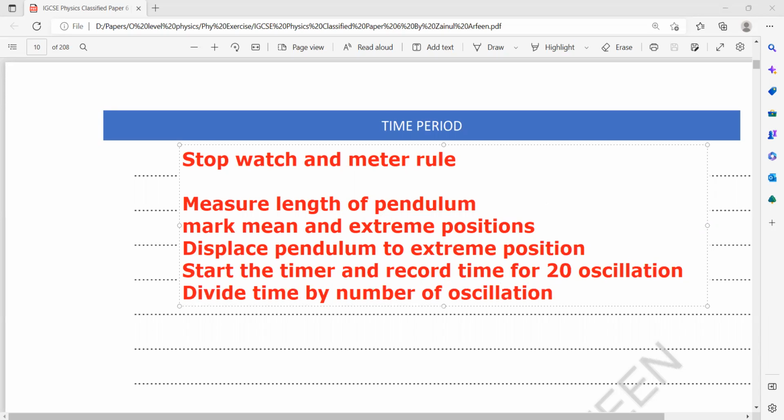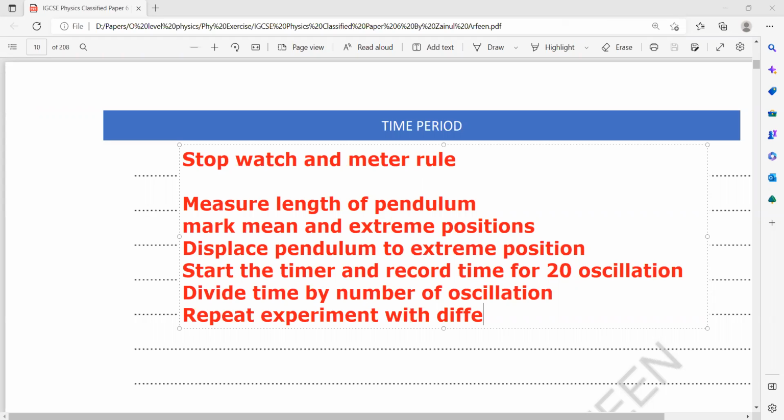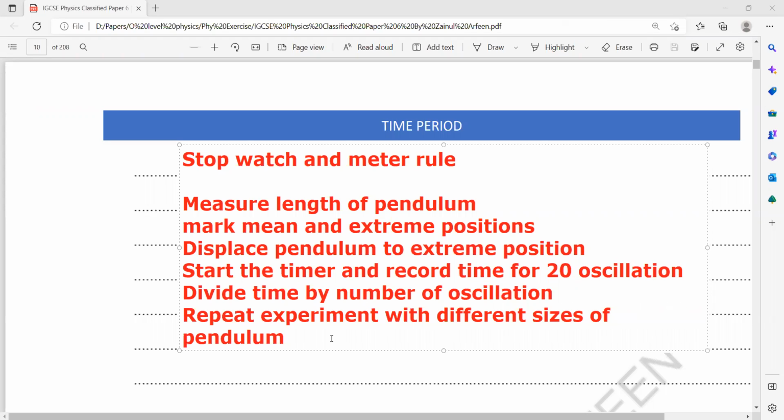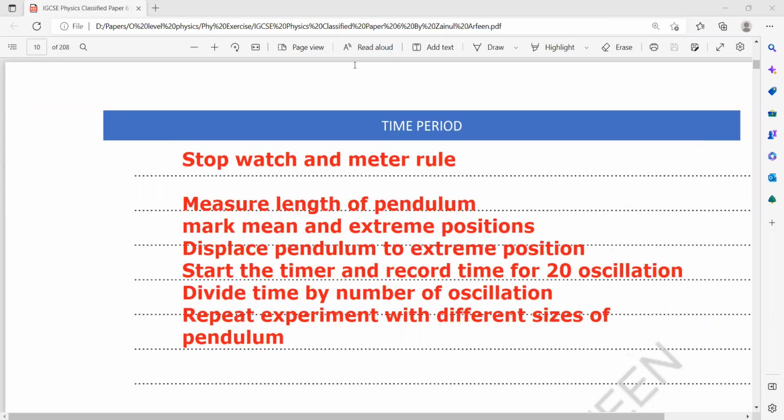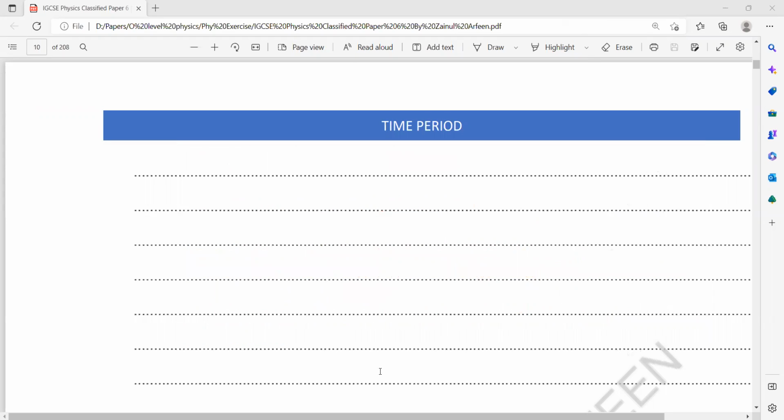Then repeat the experiment with a different size of pendulum. Yes, you can also say 15, you can also say 10. It's not a hard and fast 20. It can be 10 oscillations, 15 oscillations, that's fine. Yeah, repeat and take the mean, the average.